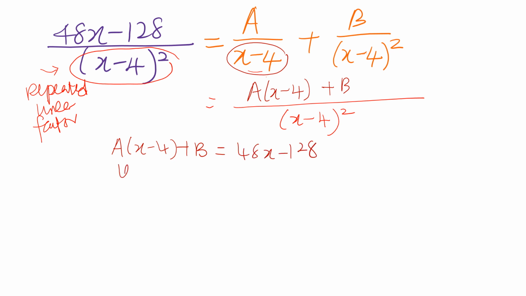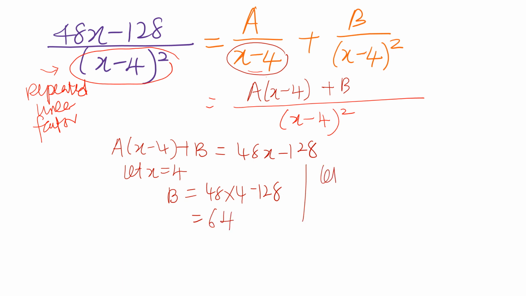In this case here, you can use the substitution method, where I let my x equal to 4 to eliminate my a. So b will just be 48 times 4 minus 128, which gives you 64. And then you can just let x be 0 to find the value of a.